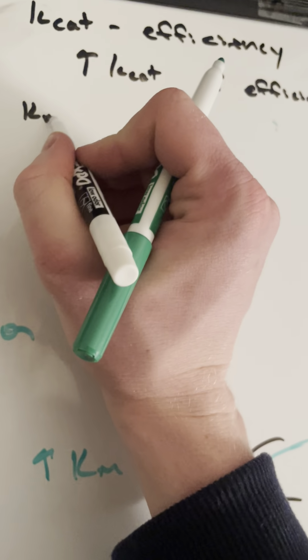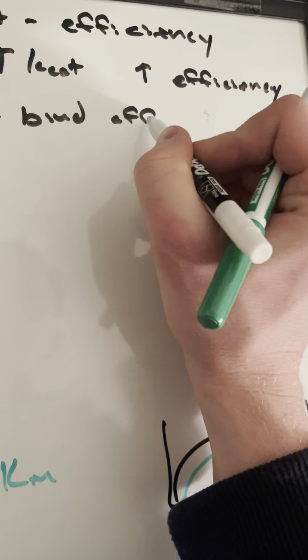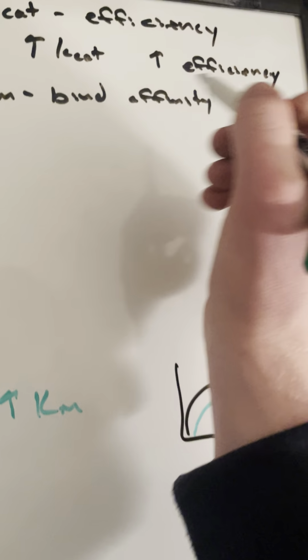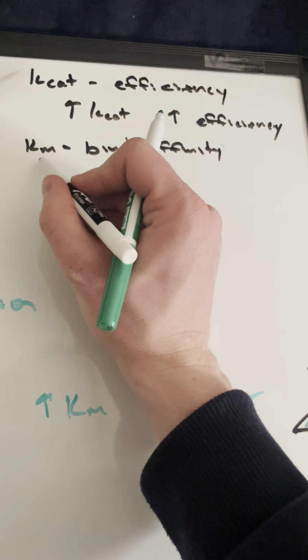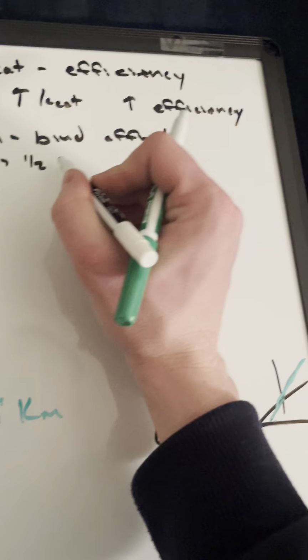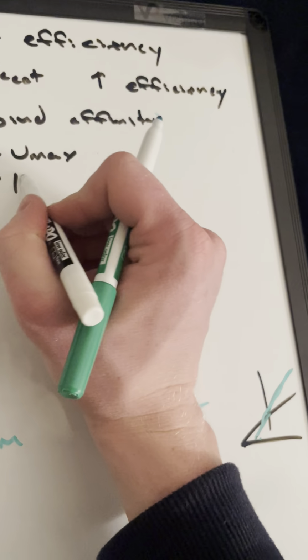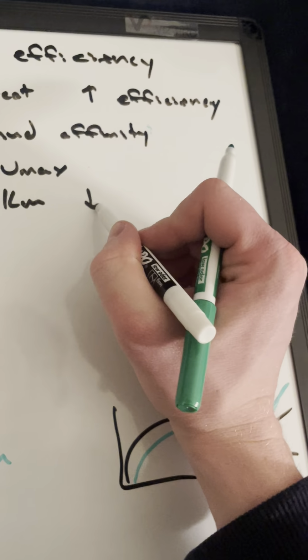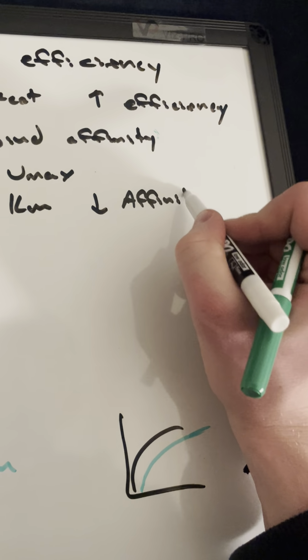Then we're going to have Km, binding affinity, right? Km is also going to be 1/2 Vmax. And a high Km is actually going to be a low affinity, so you want a low Km.